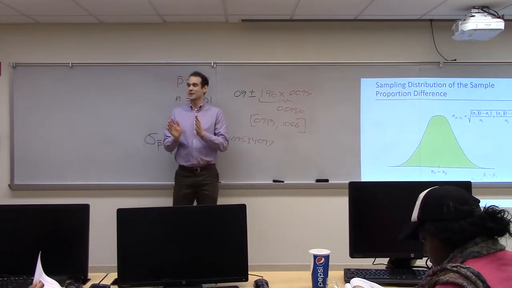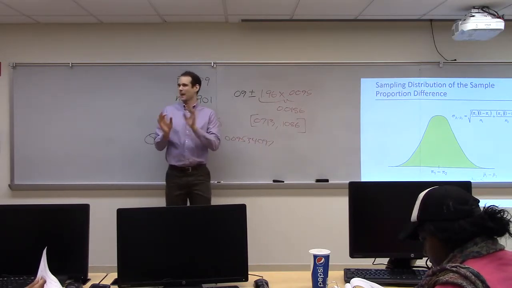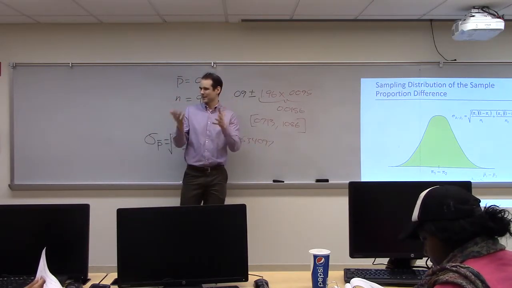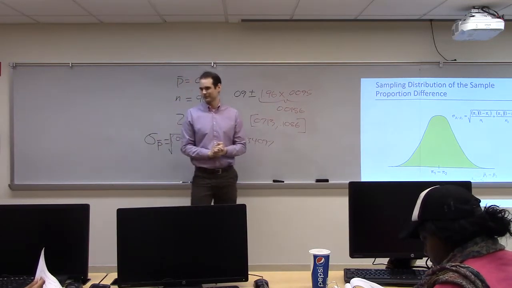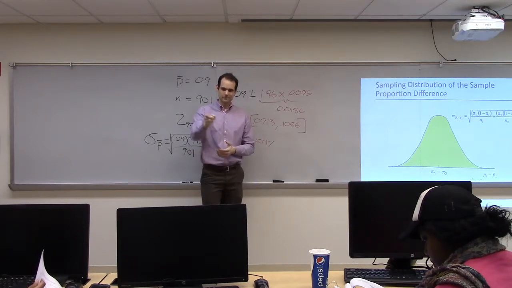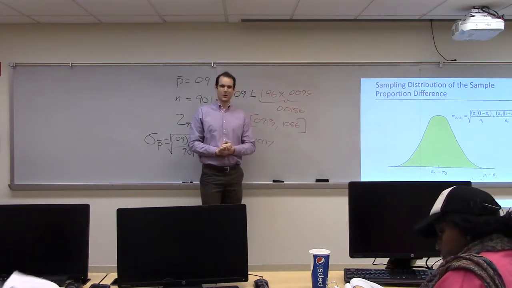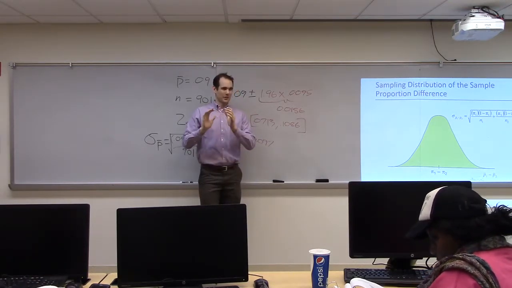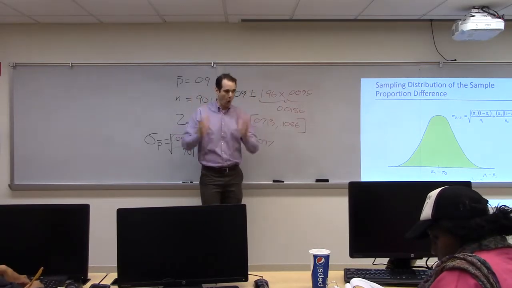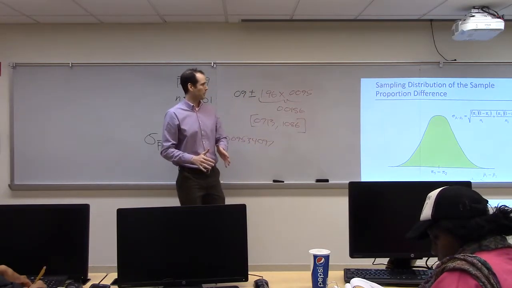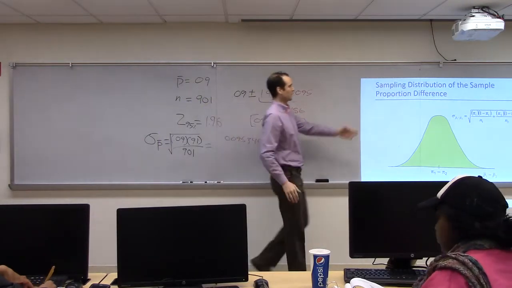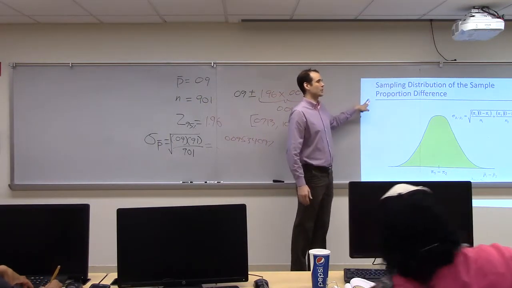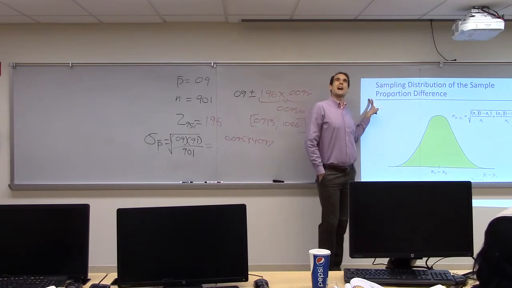Yes, of the differences between sample proportions. How many of these differences did you put on that graph? All of them. Fantastic. So it's a frequency distribution of all of the sample proportion differences. So this sampling distribution of the sample proportion difference, well, what is that?